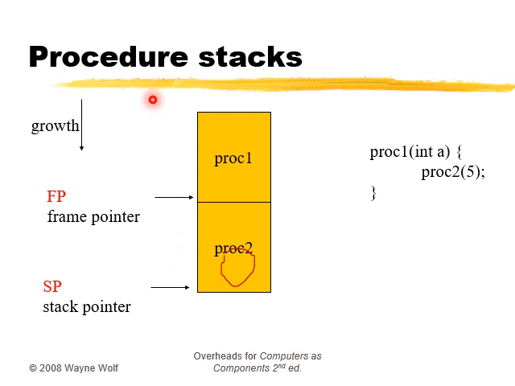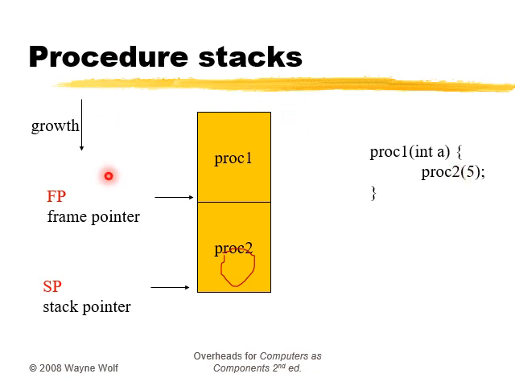Procedure stacks are typically built to grow down, so the arrow goes down: procedure 1, procedure 2, and the next procedure will be downward from procedure 2. Here we can see the code. Procedure 1 is passed int a, and in this procedure we have another procedure, procedure 2, in which we are passing the value 5.